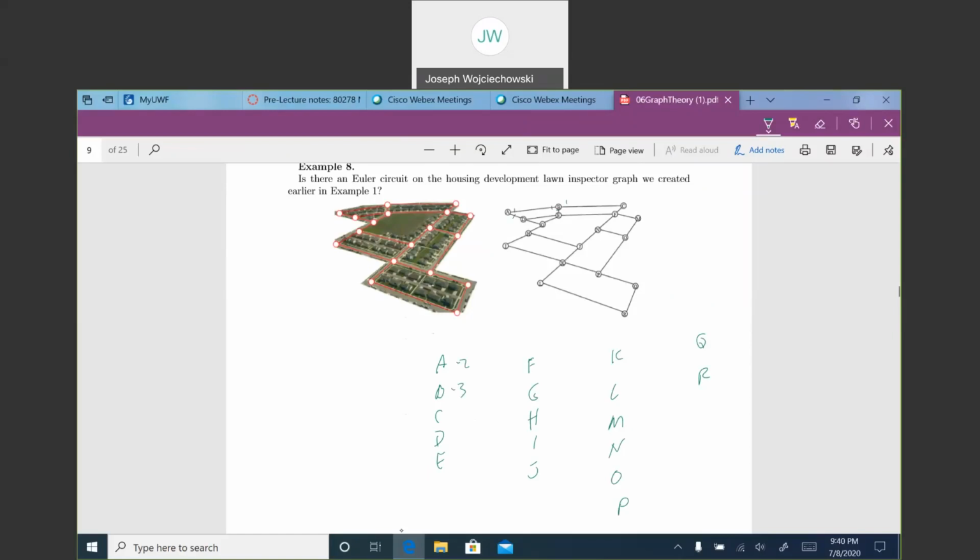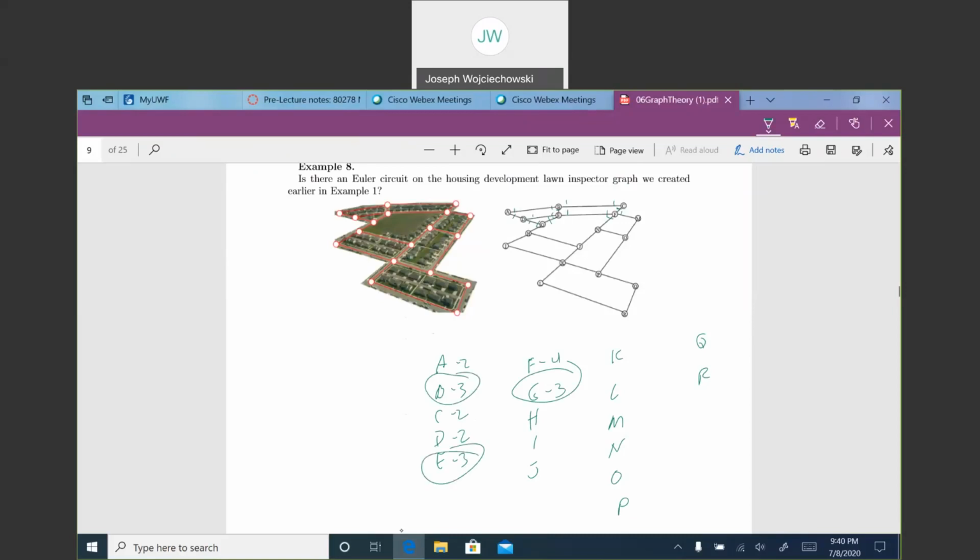Here's C, 1, 2. Here's D, 1, 2. Here's E, 1, 2, 3. Here's F, 1, 2, 3, 4. G is 1, 2, 3. So what do we know?